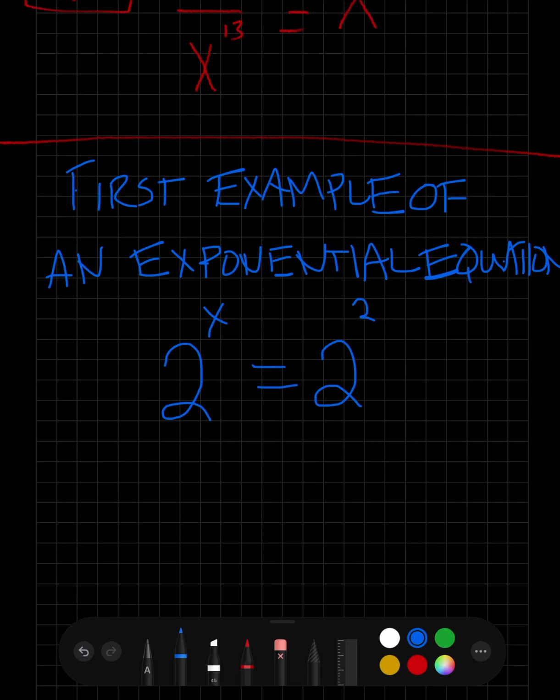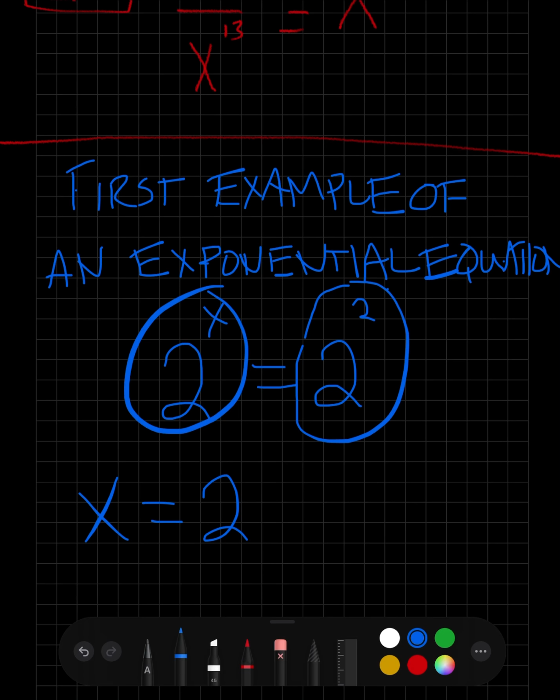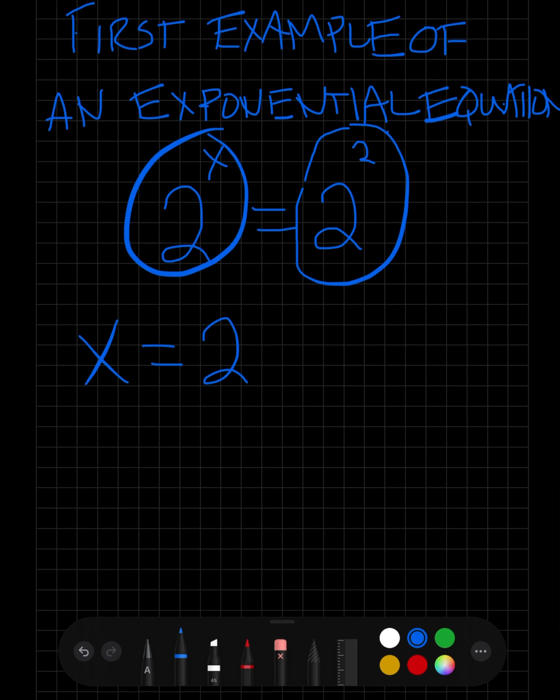I don't want you to overthink this and look for a math answer right away. I just want you to use some logic here. If I'm raising 2 to a mystery power, and that's the same thing as if I raised 2 to the power of 2, my claim for you is that x has to be equal to 2. The only thing that will be equal to 2 squared would be 2 squared. That means x has to be equal to 2.